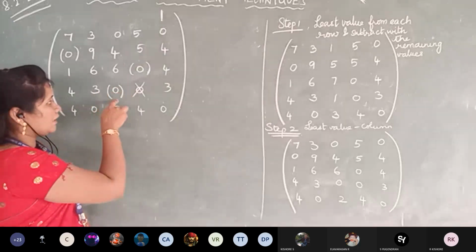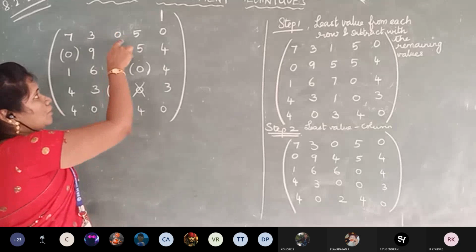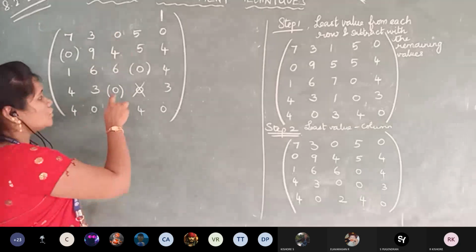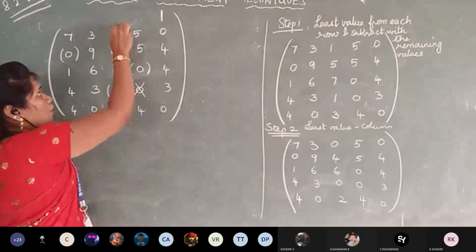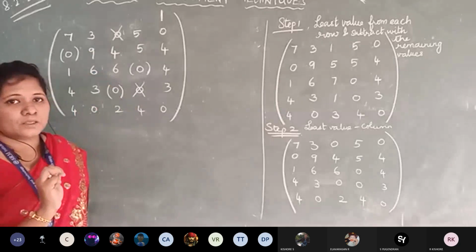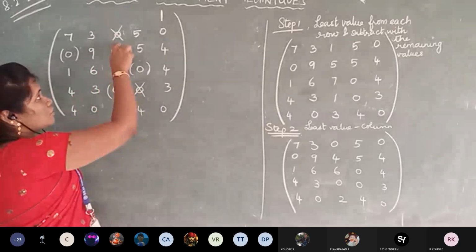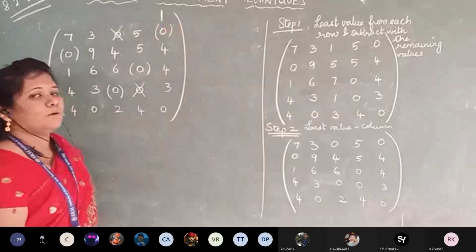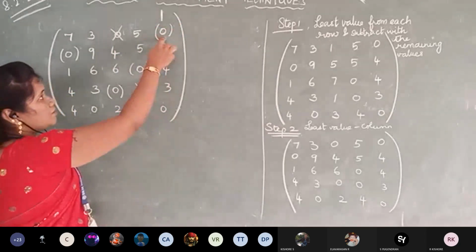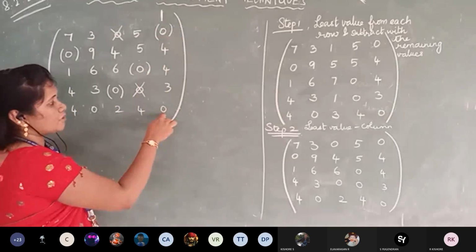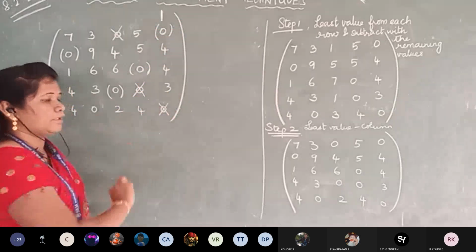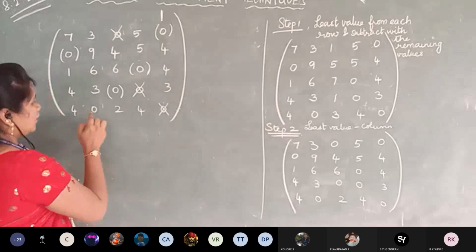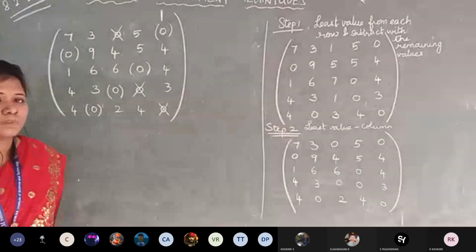Since we are taking this allocation, in the same column, you can't take this allocation. Since we have crossed over this, the allocation here only will be this. So we will allocate this, and in the same column, there is this you cannot allocate. So the allocation will be.